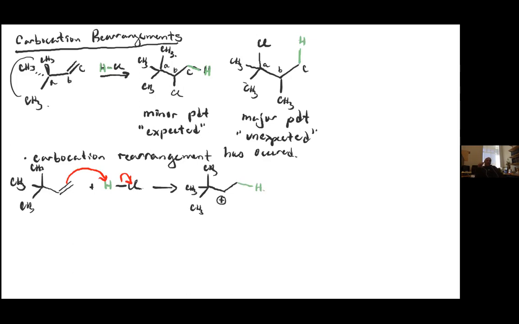And then instead of chloride trapping, we're going to invoke a carbocation rearrangement, a specific rearrangement known as a 1-2 shift. And so the methyl group, and you can pick any one, is going to migrate over to the secondary position.